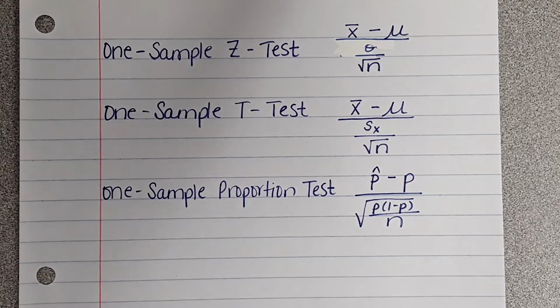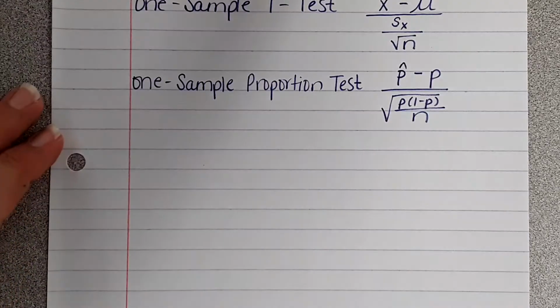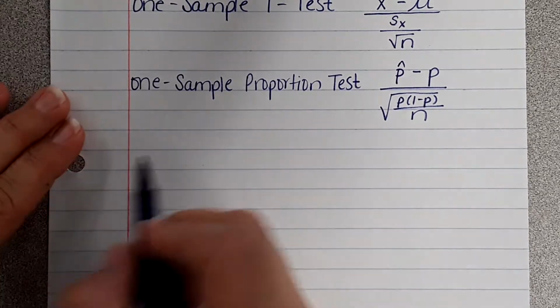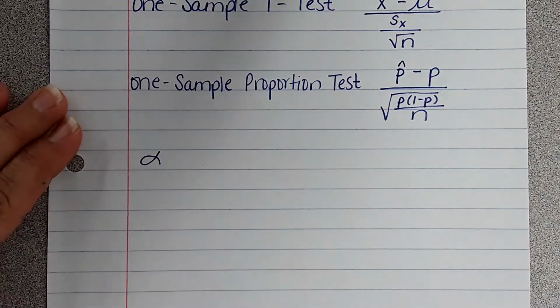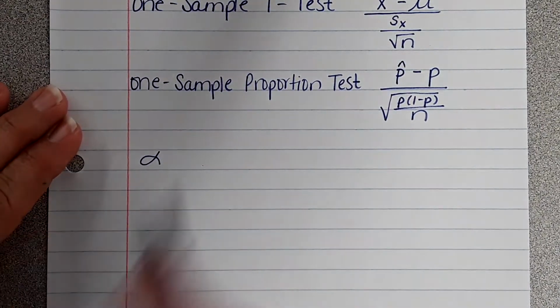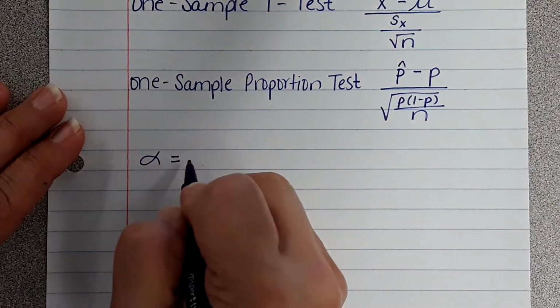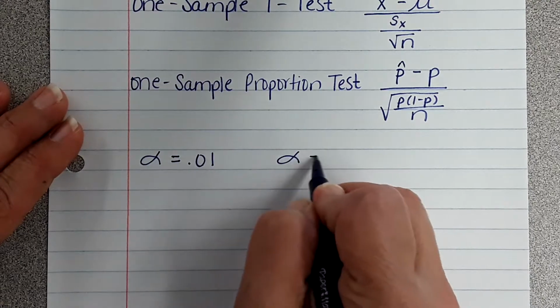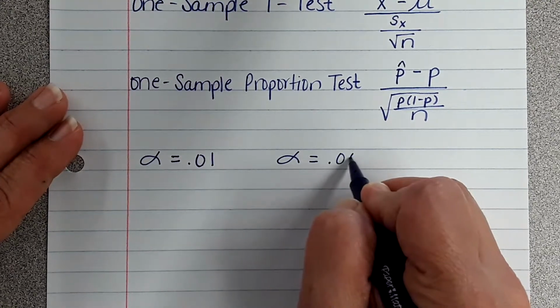So there are 3 significance levels that we test, okay? Now, you don't have to test them all at once, but I just want to show you. So we have alpha, that's the significance level. You can have alpha at 0.01. You can have alpha at 0.05.